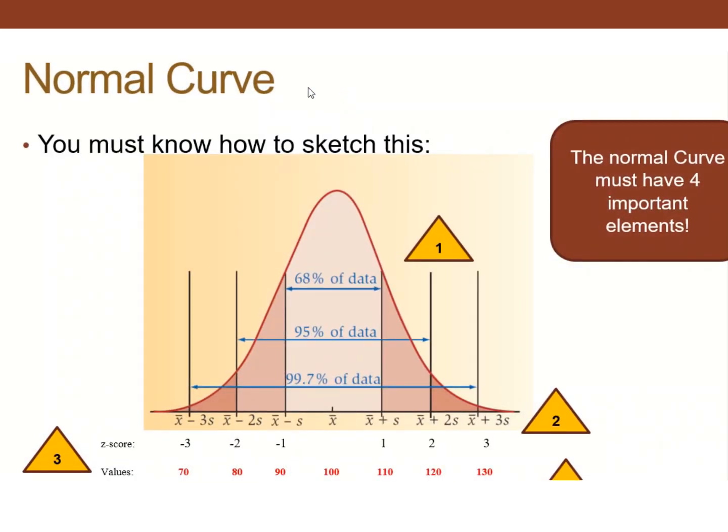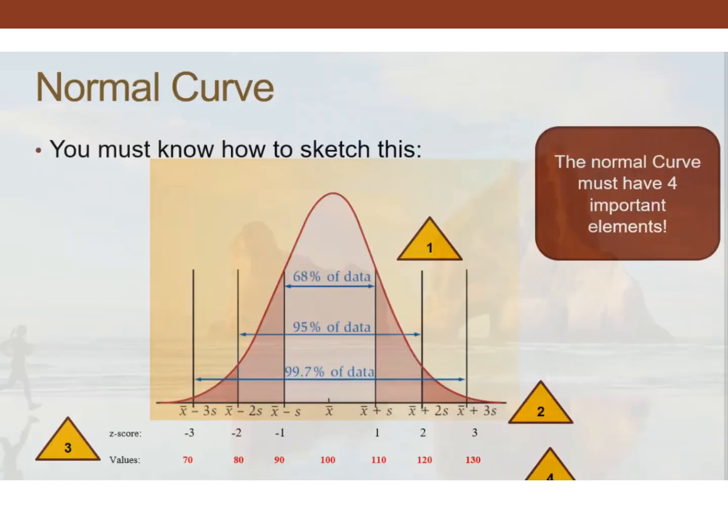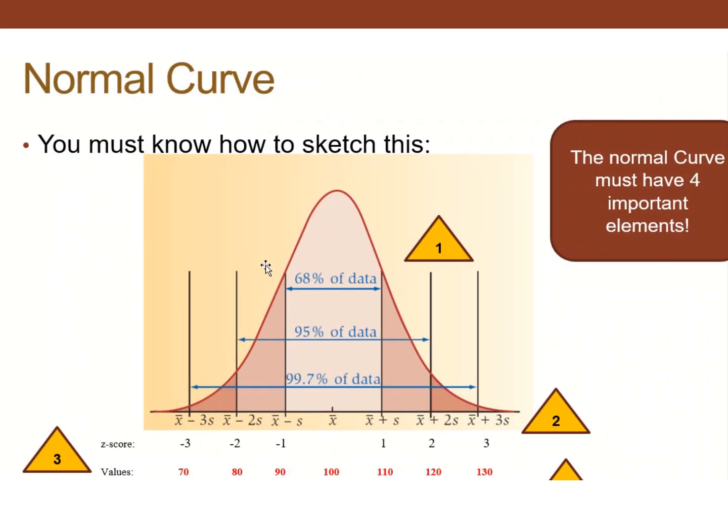They've given you the mean is 100, standard deviation is 10. So you need to fill in the corresponding values, which means you need to fill this part. What we normally do is use the rule I told you about, the 68, 95 and 99.7. These values are standard, they will never change. Over years of statistical research, statisticians have found that 1 standard deviation away is approximately 68% of the data.